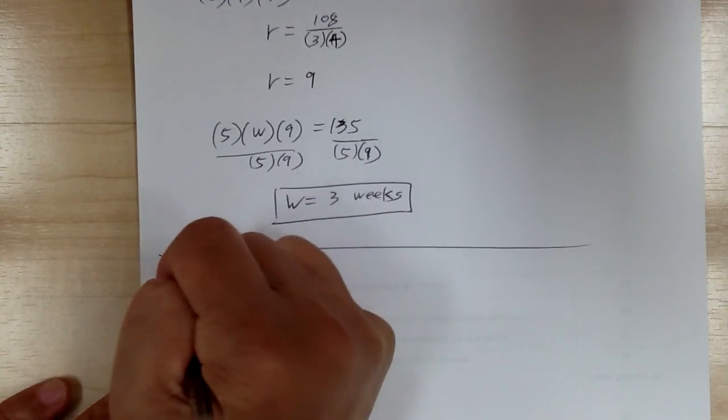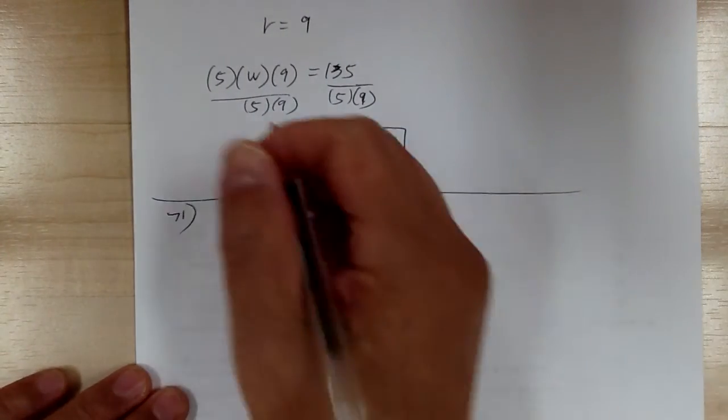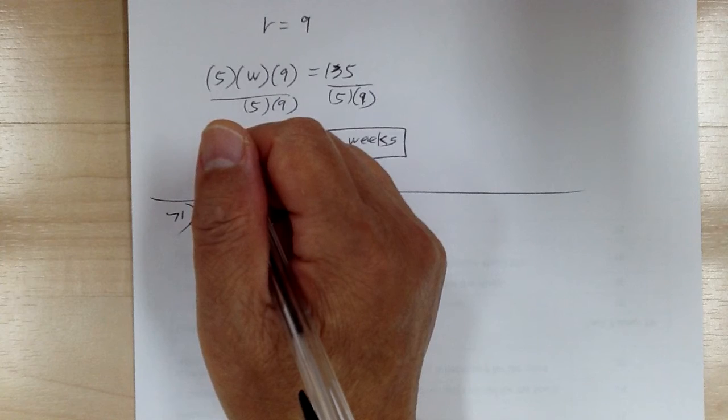Okay, let's go to 71. Again, these are the ratio problems.